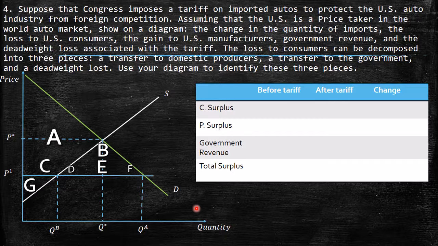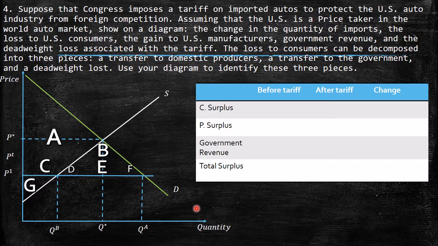Given the lower price, the producers are going to be worse off because the price they receive is much lower than before. On the other side, the consumers pay a lower price than P star, so they demand QA. The difference between QA and QB is the imports.